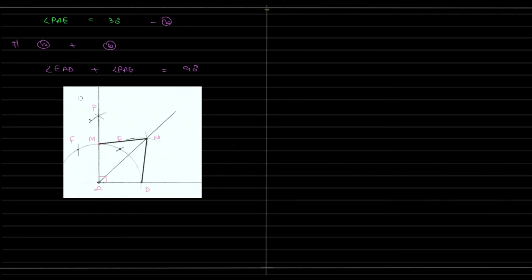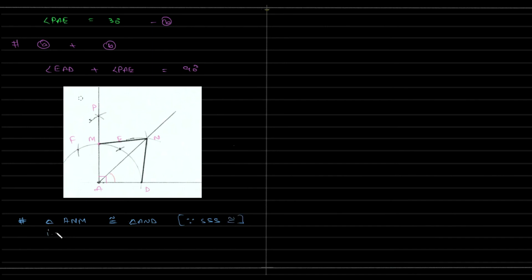We came back to this and we have to talk about angle NAD. So to begin with, we will talk about triangle ANM being congruent to triangle AND because of SSS congruency.